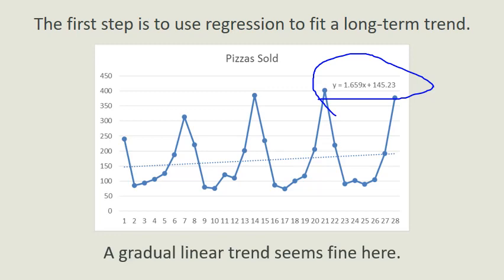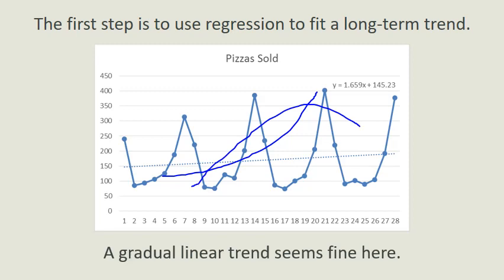And we should take a quick look at the plot to make sure it's reasonable. Looking at this graph, it certainly looks like overall pizza sales are slowly increasing in a linear trend. It does not look like a parabola or any other nonlinear trend, so we'll keep this straight line equation as our best fit line.